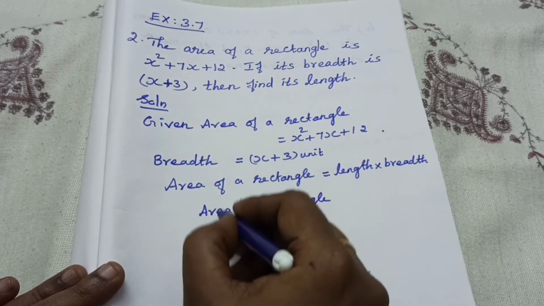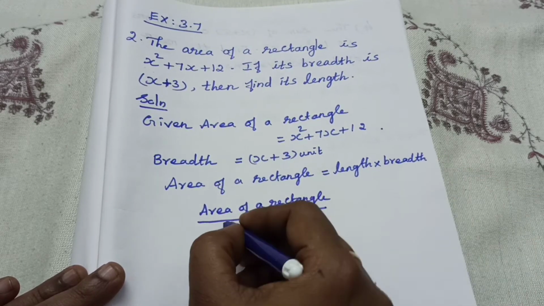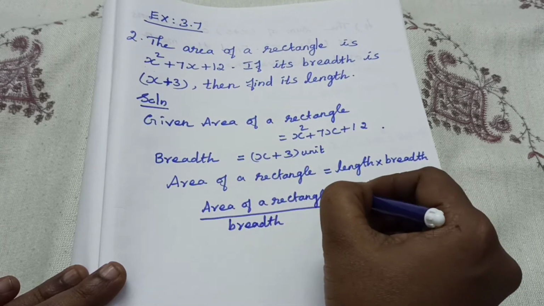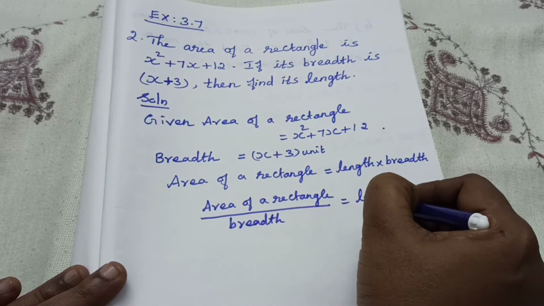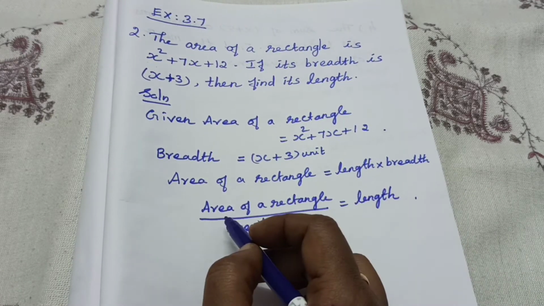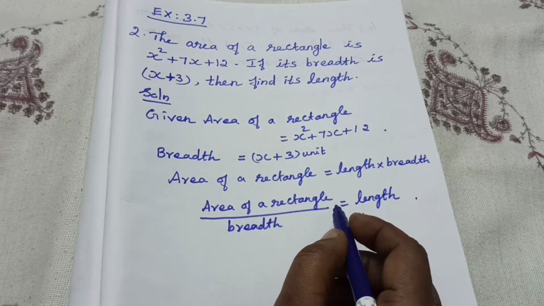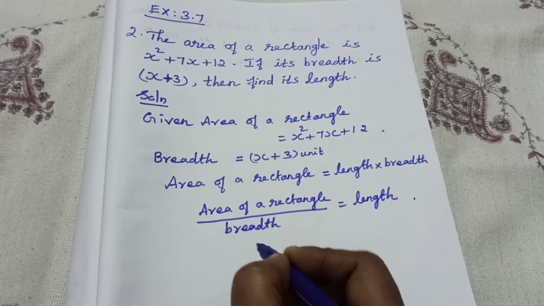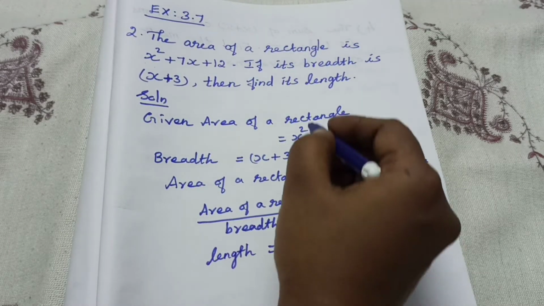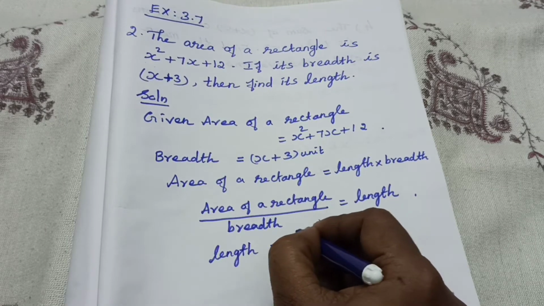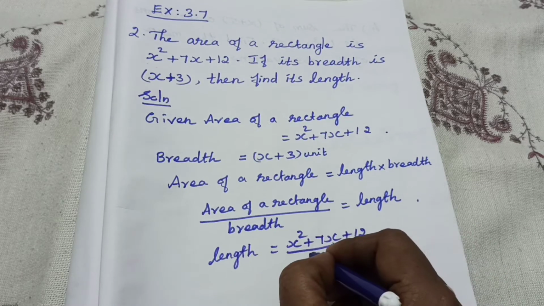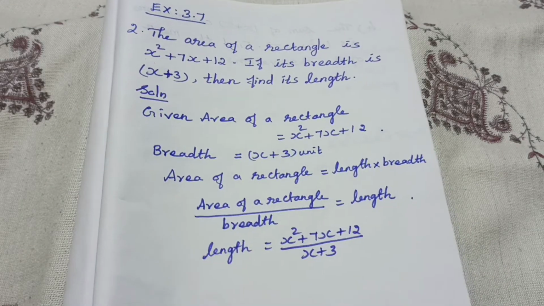Area of a rectangle divided by breadth; this breadth we have to bring down. Breadth divided by breadth is equal to what? Length. Therefore length is equal to area of a rectangle divided by breadth, isn't it? Therefore length is equal to area of the rectangle, which is x square plus 7x plus 12, divided by x plus 3.